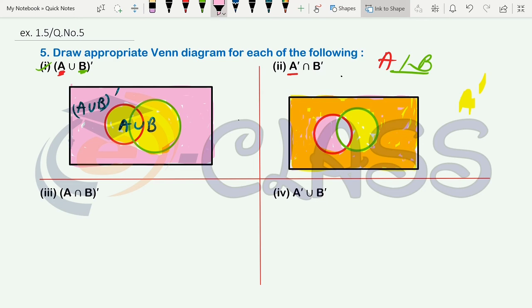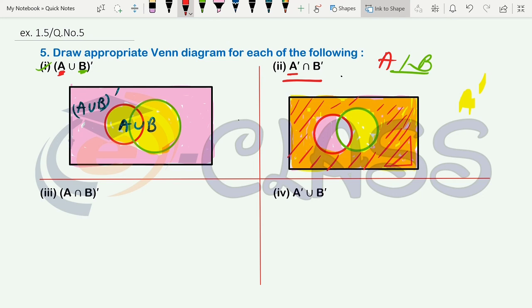And here you have to find A complement intersection B complement, that is the common area between A complement and B complement. This area is the mixture of pink and yellow.